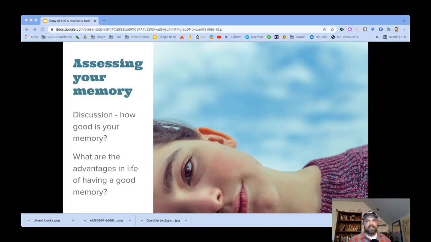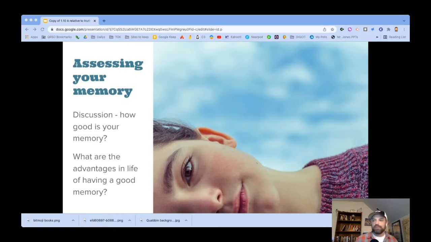Now, this is supposed to be a class discussion type of thing, but we are going to write down some of these memories for yourself and maybe reflect on it when you come back. Assessing your memory. How good is your memory? Write that down, one sentence. You're in the tasks and journals part of the notebook at this time.